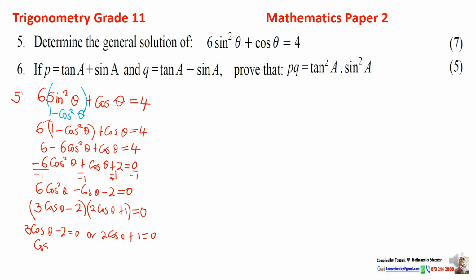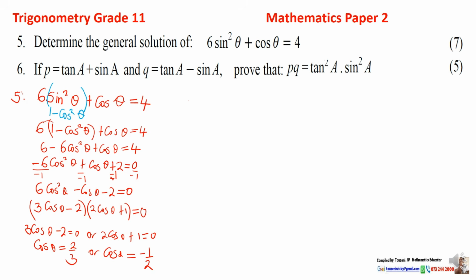It will give us cos theta is equal to 2 over 3. Then the next one gives us cos theta is equal to minus 1 over 2. That is my equations in a simplified form. Each equation here will give us its own solutions.